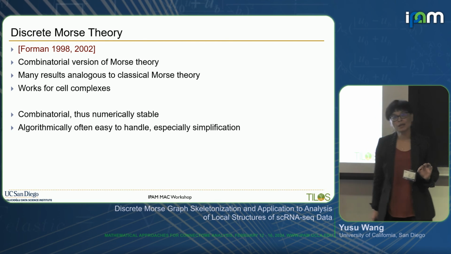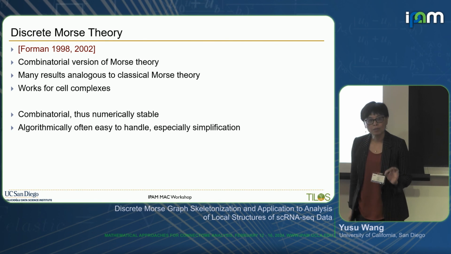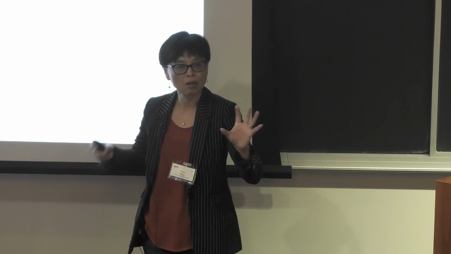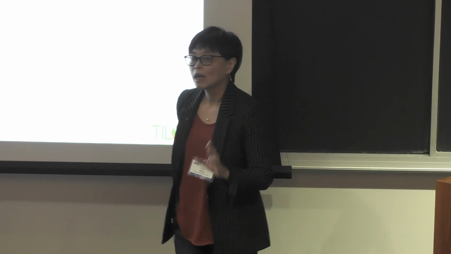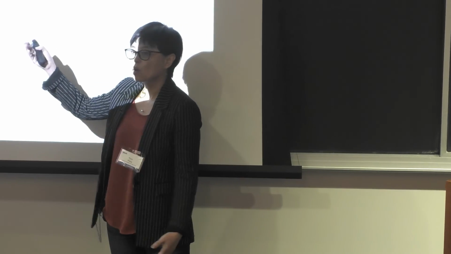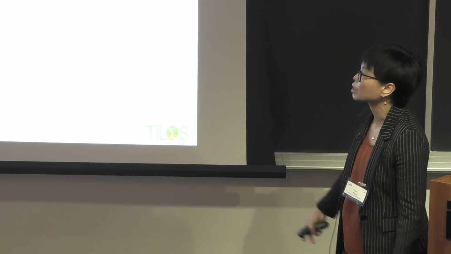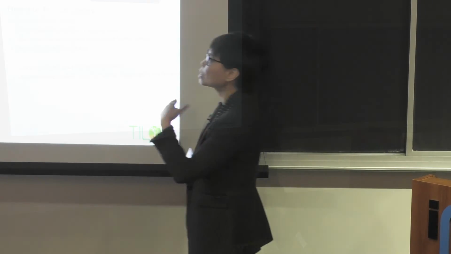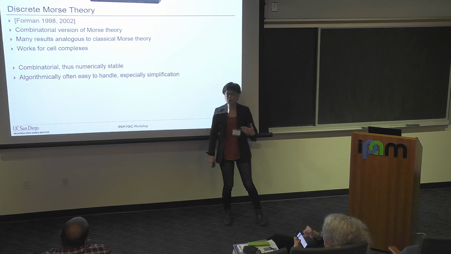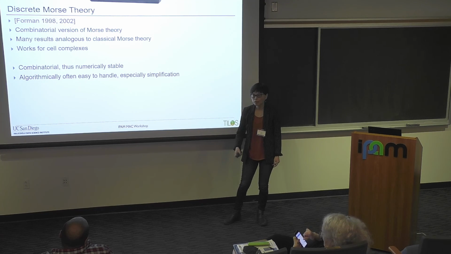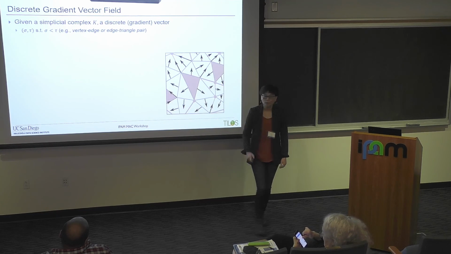Okay, so why do we like this? Number one, I now have combinatorial objects, so everything is numerically more stable. And number two, there's also a way to simplify in this combinatorial discrete Morse theory, which you will see later works much better and is very robust in practice. Okay, it works in any dimensions.